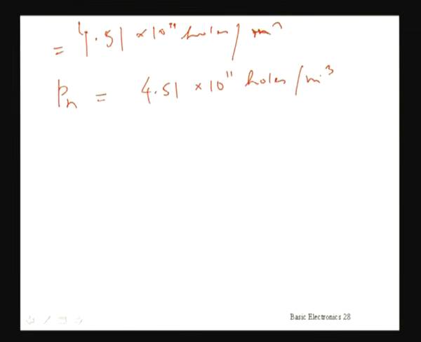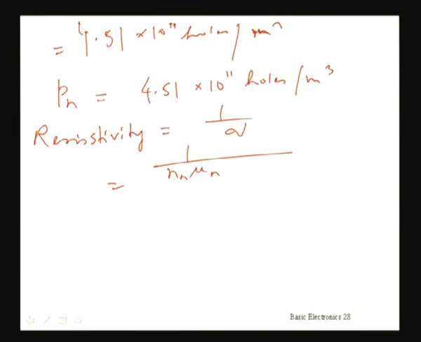Now, next part I have to find out resistivity. So, resistivity is 1 upon conductivity. So, you just replace these values. Sigma is equal to (Nn mu n plus Pn mu p) into q.